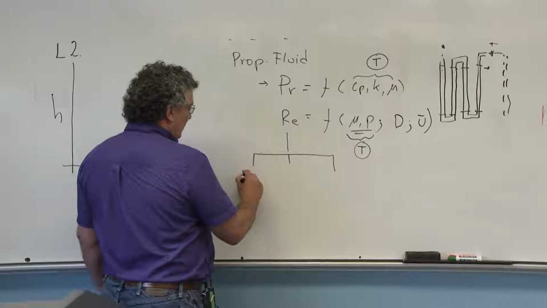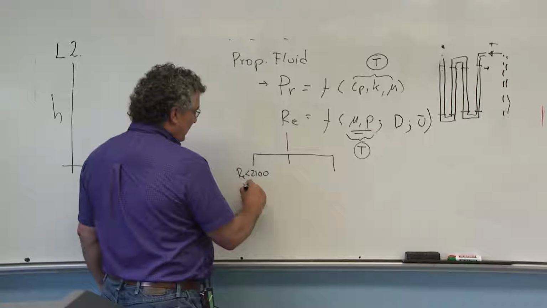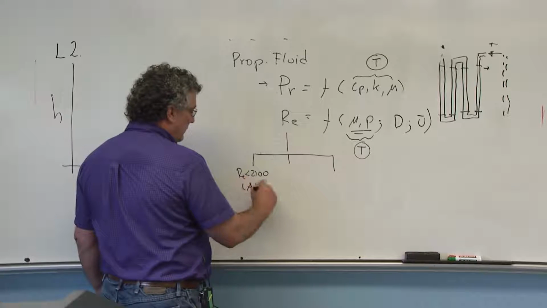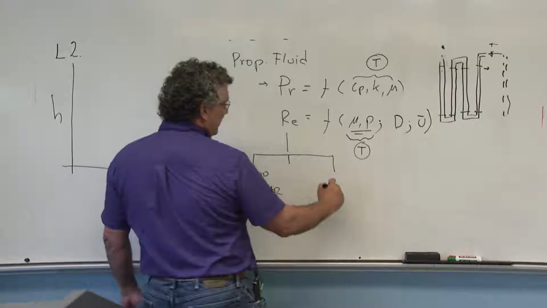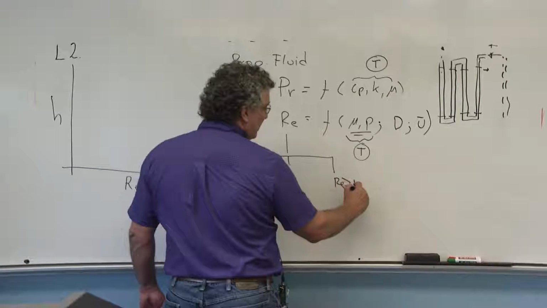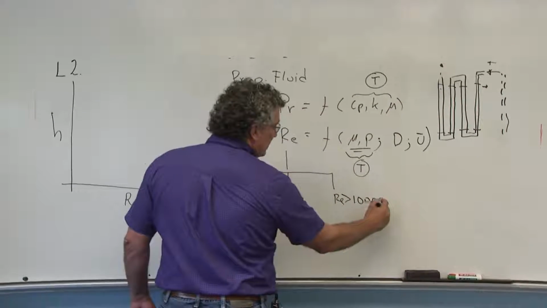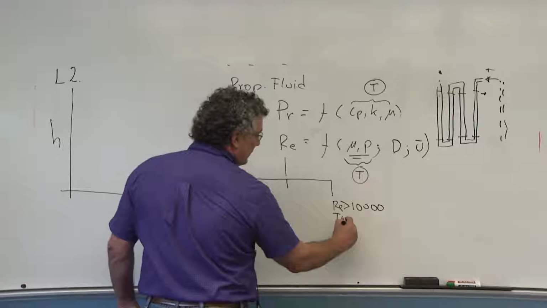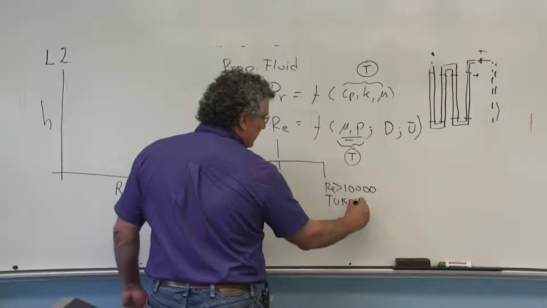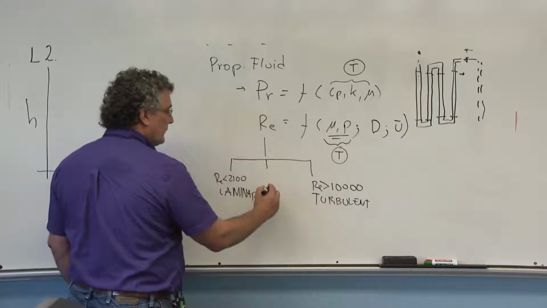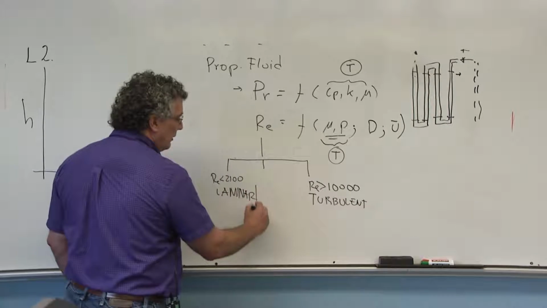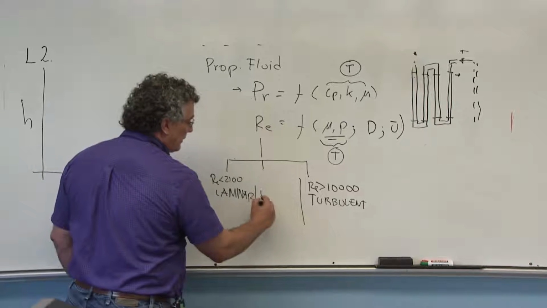So if you have a Reynolds number below 2100, you are in the laminar regime. If you have a Reynolds number above 10,000, you are in fully developed turbulent flow. And in between, you have the transitional flow.